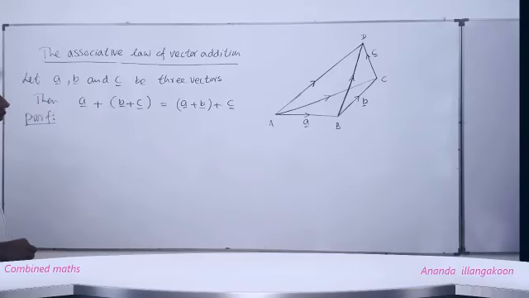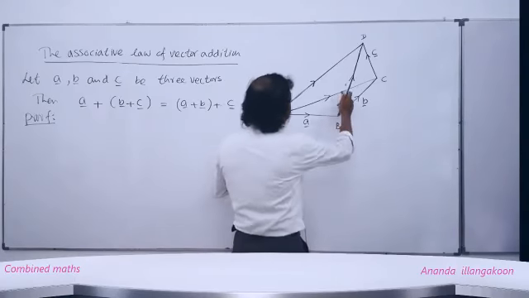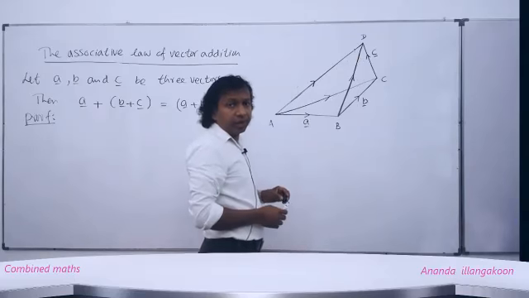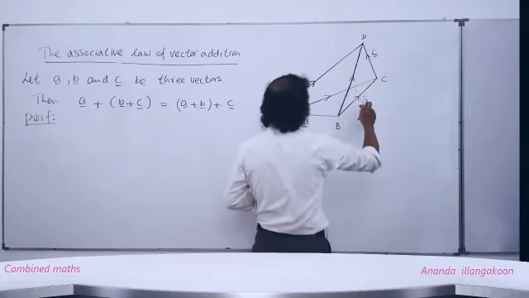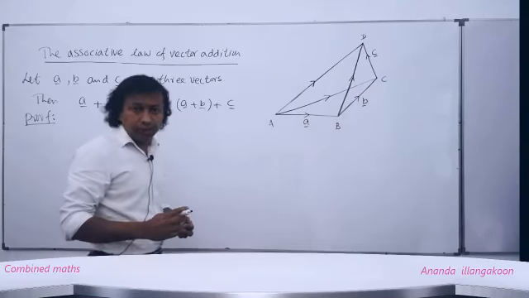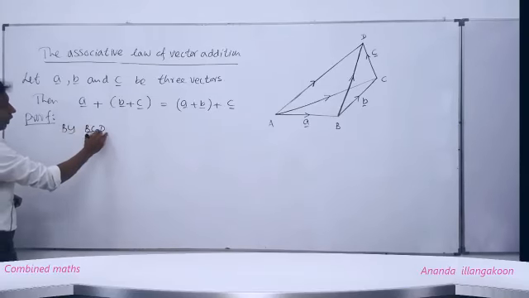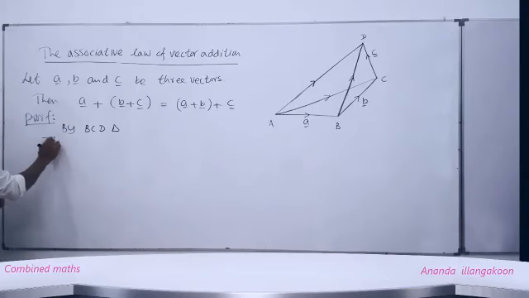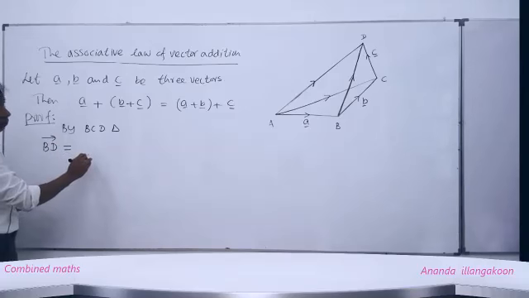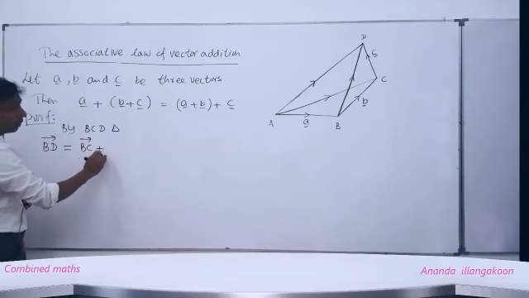People, now you can write this vector BD. This vector BD you can write by the triangle law of vector addition as BC vector plus CD vector, that is B plus C. Understood? Right. Now by triangle BCD, we can write the BD vector is equal to the BC vector plus the CD vector.